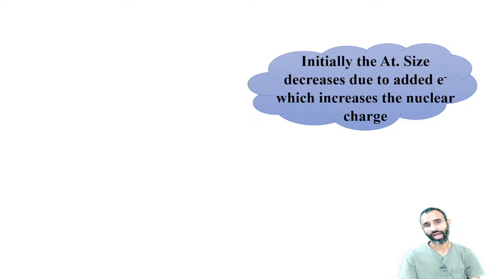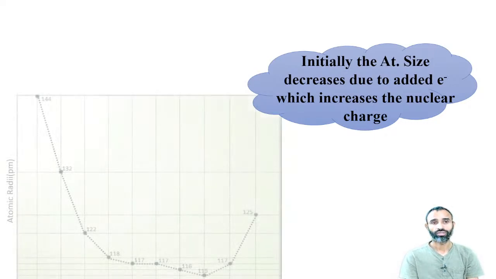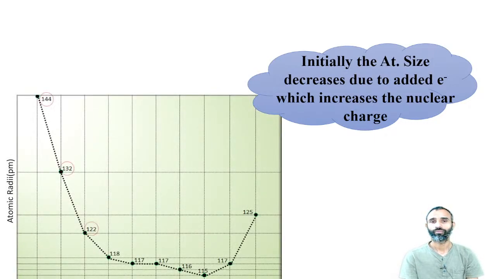But as number of electrons are filled and there is the inter-electronic repulsion when pairing starts, then what happened? Inter-electron repulsion is dominating, and in between there is a balance between nuclear charge and inter-electronic repulsion.